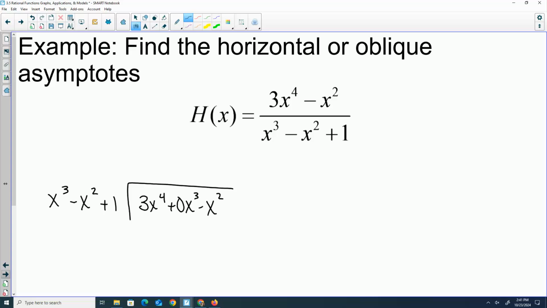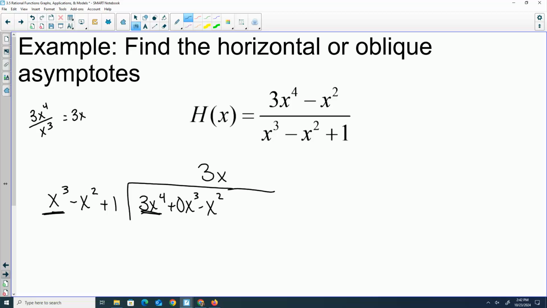Okay, we're just trying to get a quotient, ignoring the remainder. And if it's a line, it's like y equals mx plus b, right? Can you do 3x to the 4th divided by x cubed? Yes. When I divide that, that gives me a 3x. Okay, so you can have your 0x's, whatever. You don't have to.